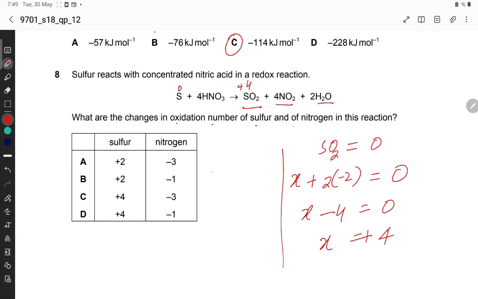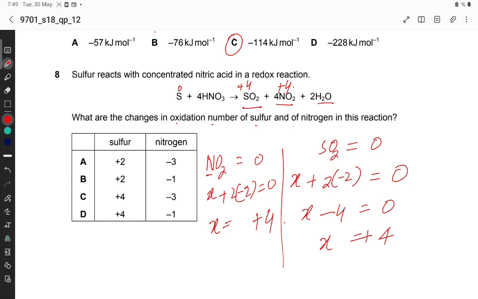Similarly, for nitrogen dioxide, x + 2(-2) = 0, so x is equal to +4. The change in oxidation state of sulfur is +4.